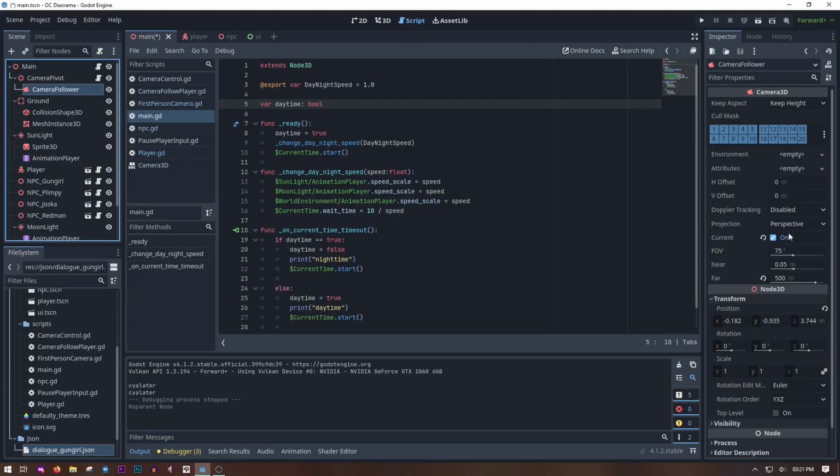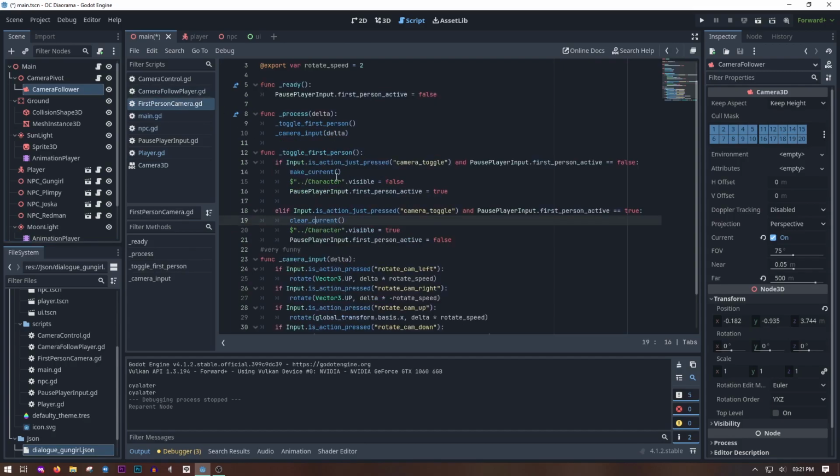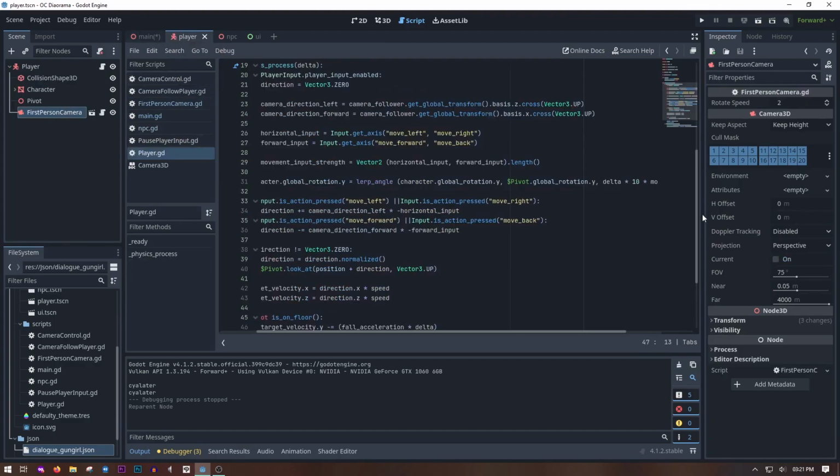Oh, here we go. This is what it is. So current is on. That's a property of this Camera3D. So for this code, first person camera, we make it the current because if we go to the player first person camera, this one is off by default. By default, it is not a current camera.